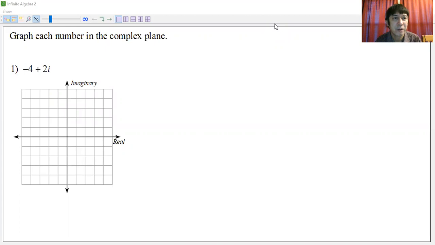So for the ones with the i, that will be for the imaginary axis. And the real number without the i will be for the real axis, or the x-axis.